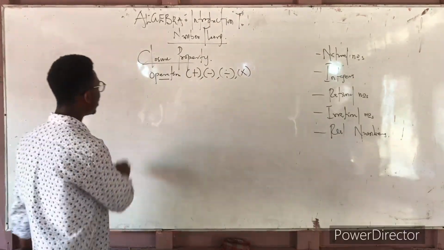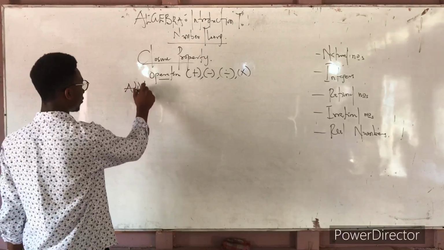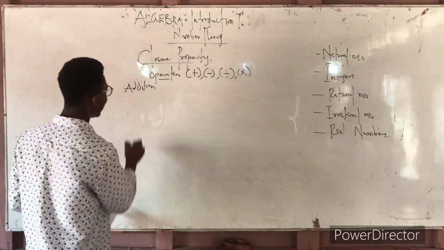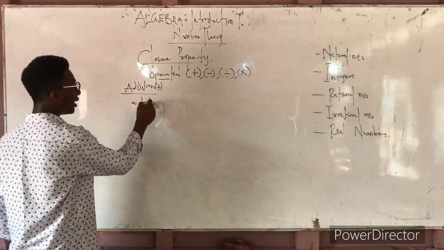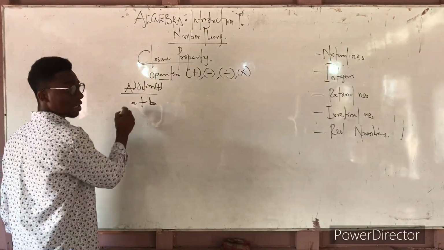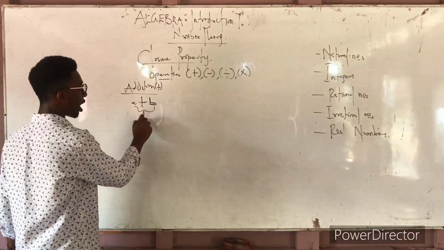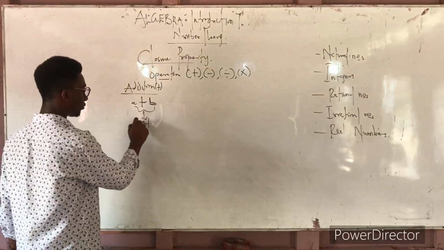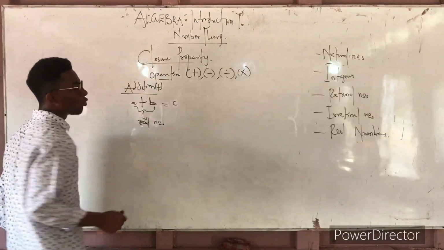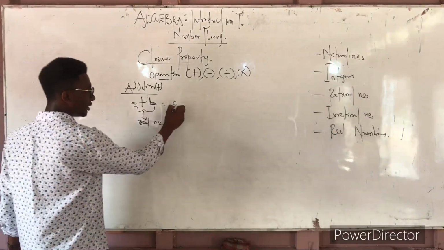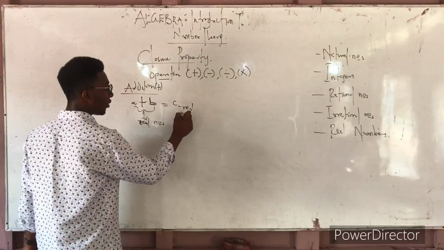For instance, let's see whether addition is a closed property. When I take two numbers, let's say A plus B, and A and B are real numbers, A plus B will obviously be equal to a number C, and C will also be a real number.